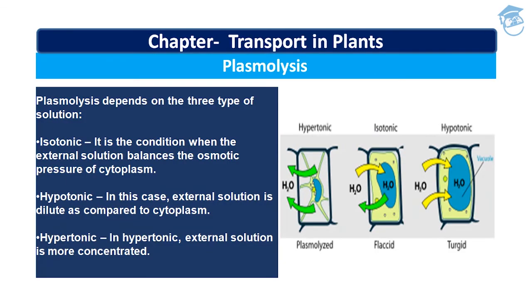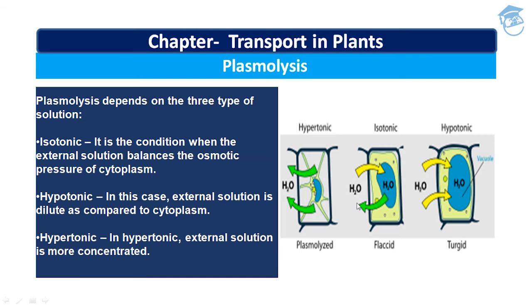Plasmolysis depends on three types of solution: isotonic, hypotonic and hypertonic. Isotonic is a condition when the external solution balances the osmotic pressure of the cytoplasm. That means this is controlled by this.